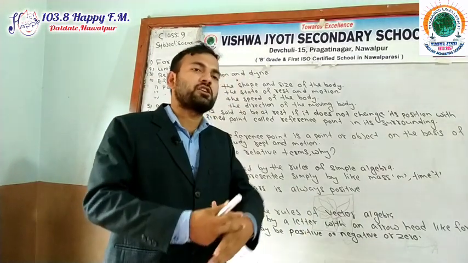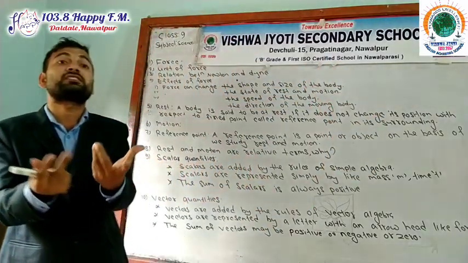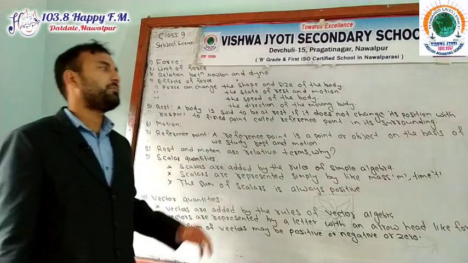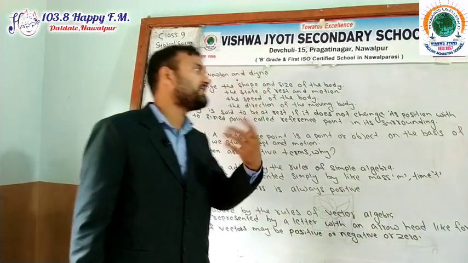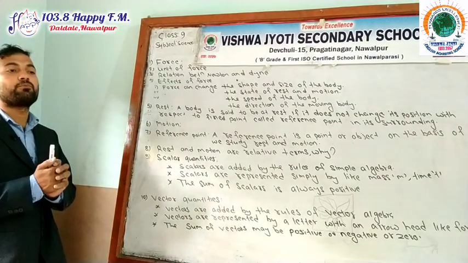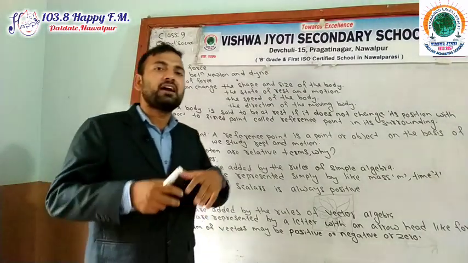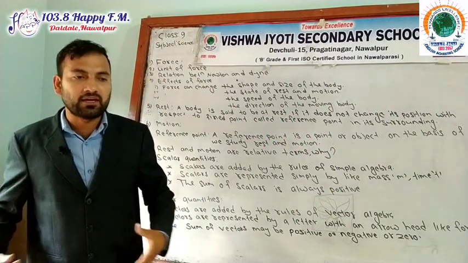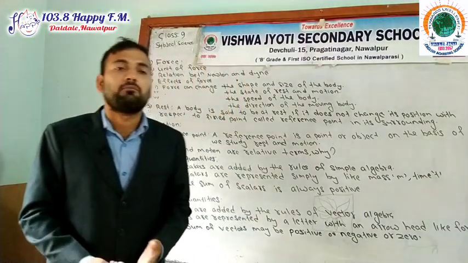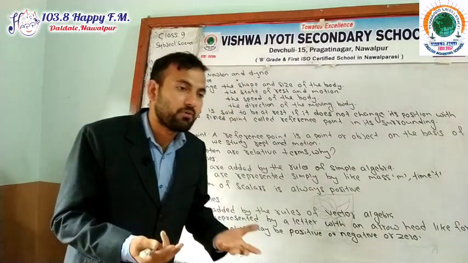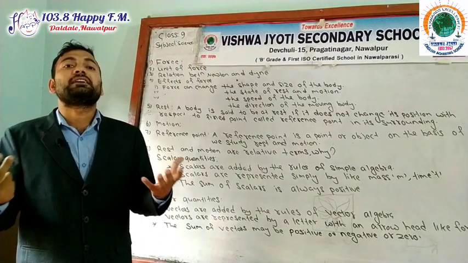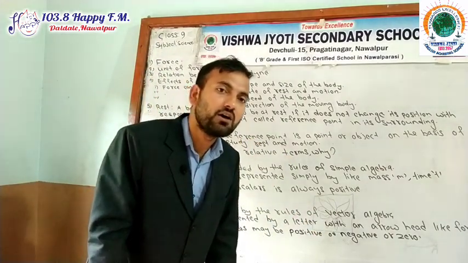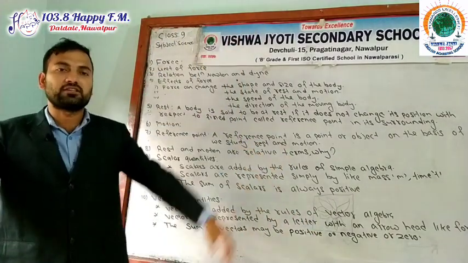Some examples of motion are a moving vehicle, a moving bicycle, blowing air, and a flowing river, which change position with respect to their surrounding.